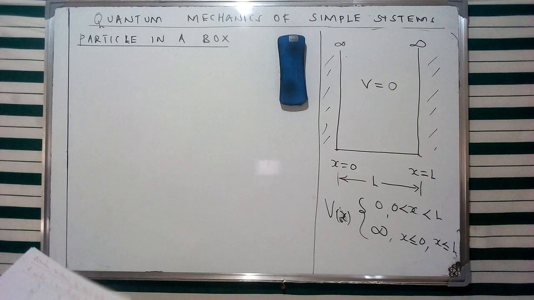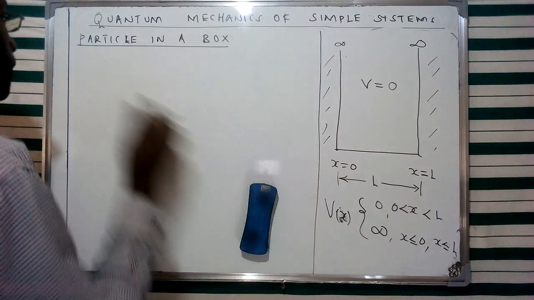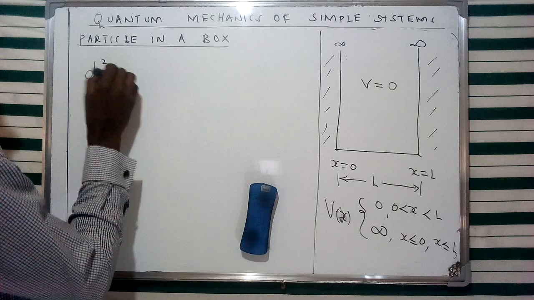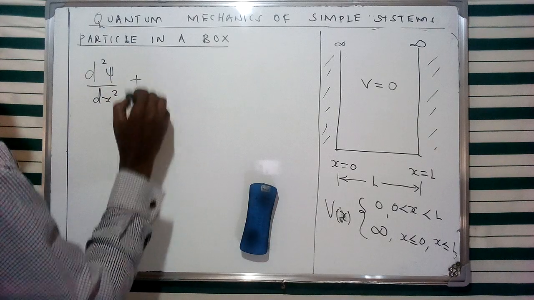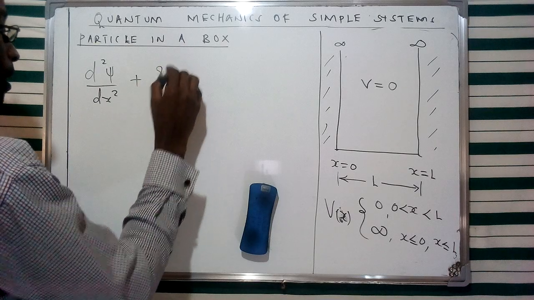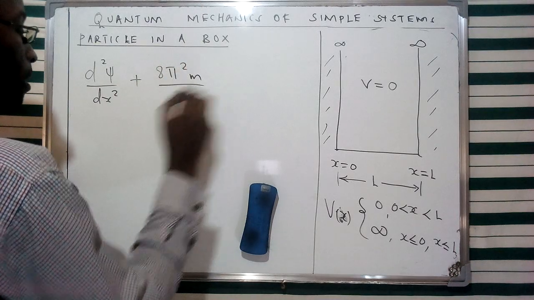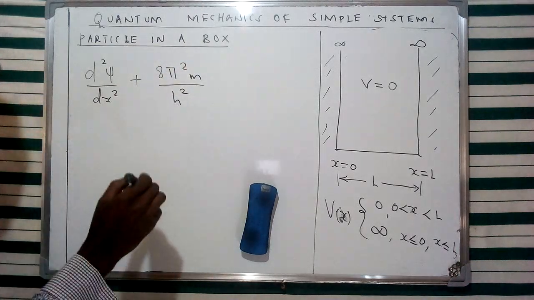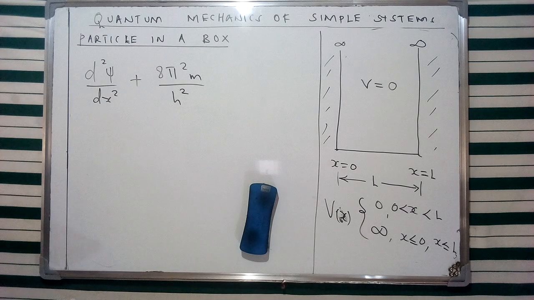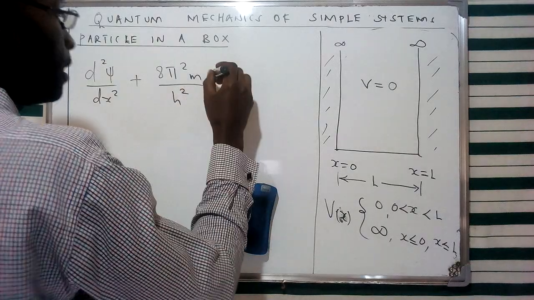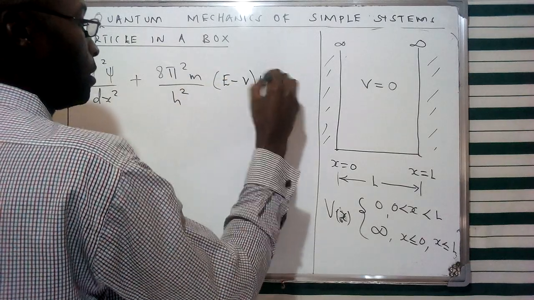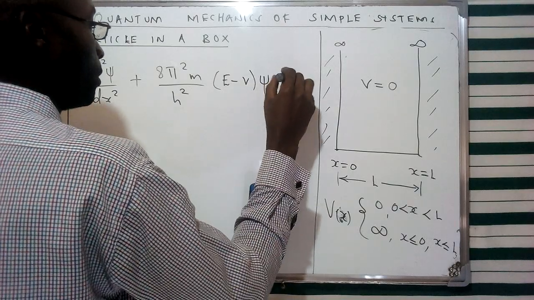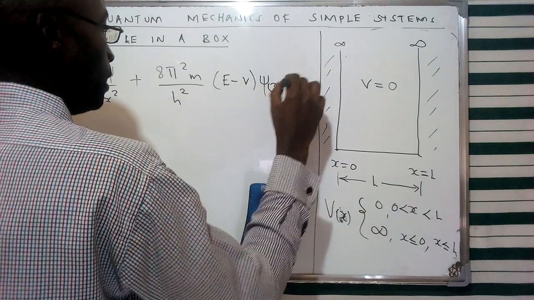And of course, this is going to be given in terms of d squared psi, the wave function, over dx squared, and then we're going to have this multiplied by 8 pi squared m all over h squared, given as such. And we said that whenever we're going to use this concept, we're going to have the difference in energy, given as energy minus the potential energy, multiplied by this wave function, equal to 0.